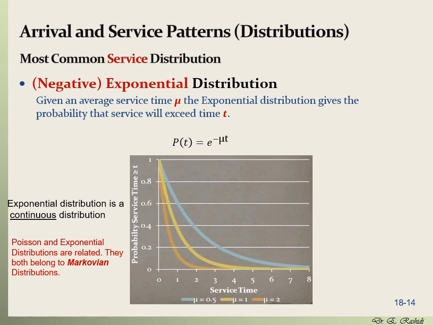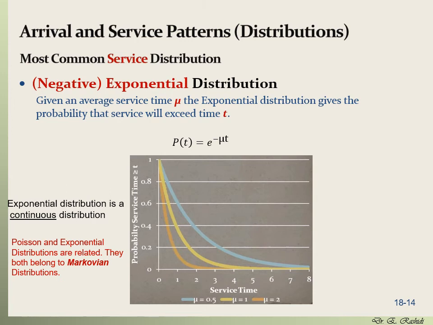Now let's talk about the distribution of service pattern. The most common distribution of service pattern is the exponential distribution that you may remember from statistics. It is also known as negative exponential distribution.